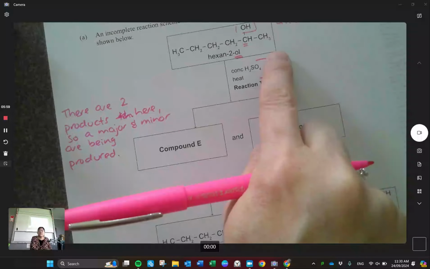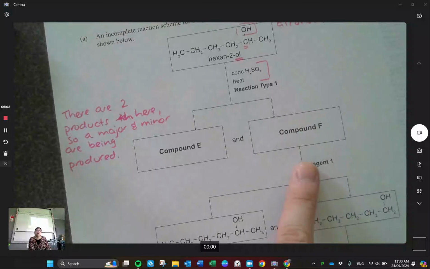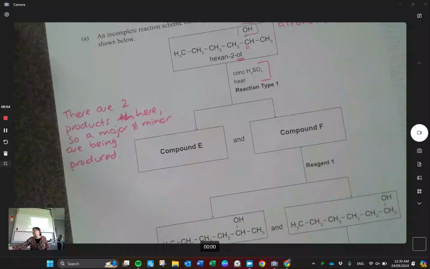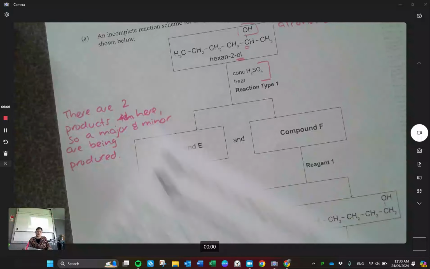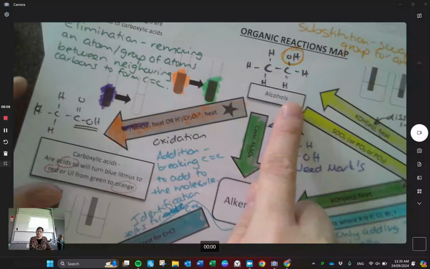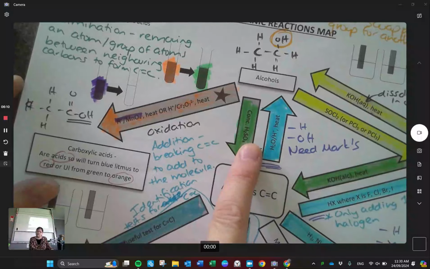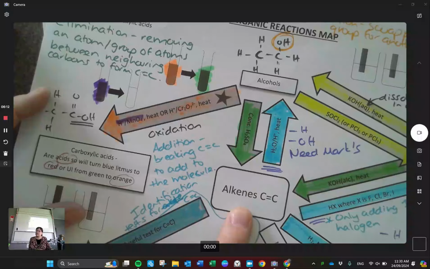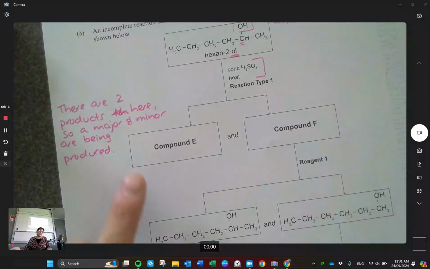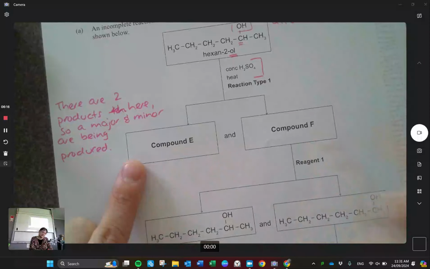So if I'm starting from an alcohol and now I'm going to a major minor, the one that does that, if I look at this guy here, we go alcohols and we go concentrated sulfuric acid, which makes the alkenes. So I would expect these two to both be alkenes.